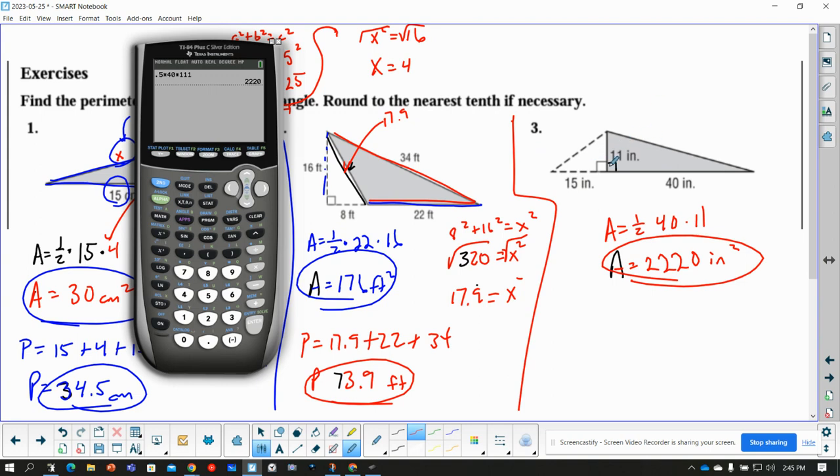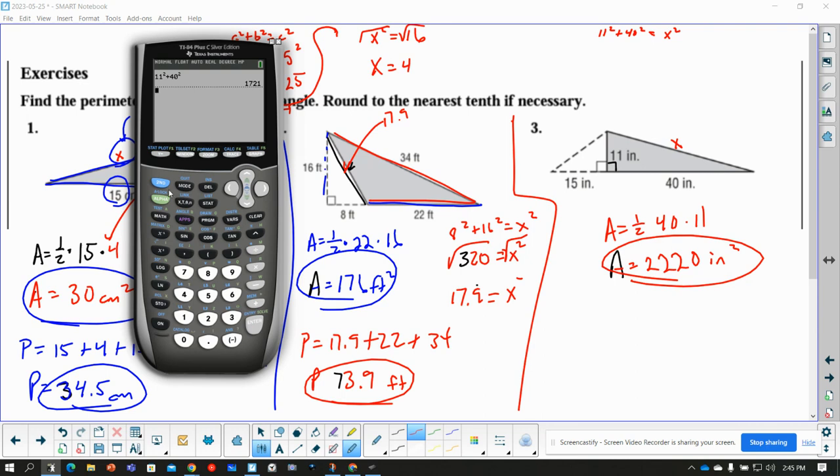And we're going to have to do the Pythagorean theorem again to find this missing side right here. So I have to do that one more time here. 11 and 40 are the two legs. So we're going to do 11 squared plus 40 squared equals x squared. And let's go 11 squared plus 40 squared.